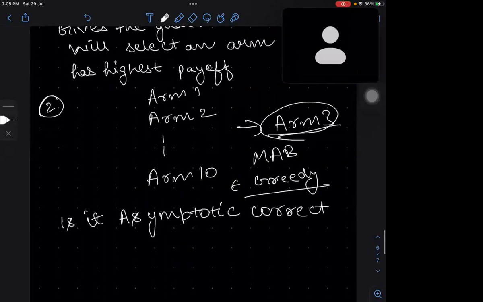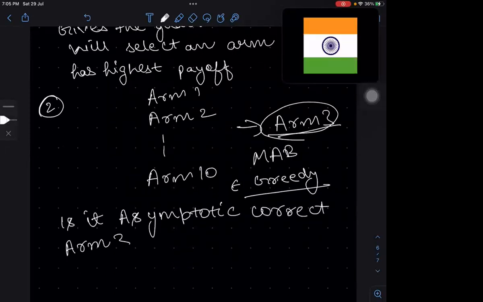Because we have explored only one machine. No, suppose I have done my experiment. I have explored, exploited, done the algorithm, run it multiple times, and I get to know arm 3 is the best one. Now, is it asymptotically correct that arm 3 is the best one? What do I mean by that? Any idea?